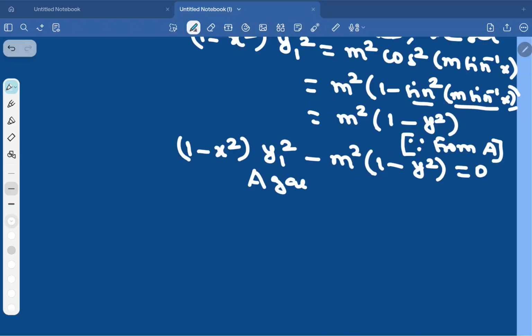Again differentiating with respect to x.